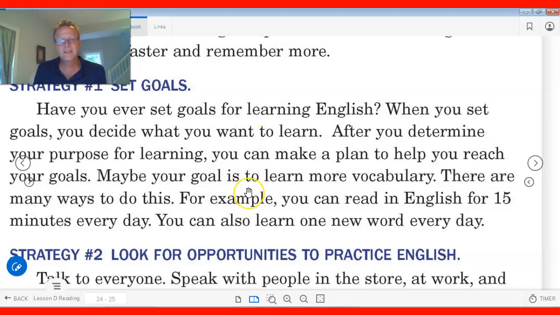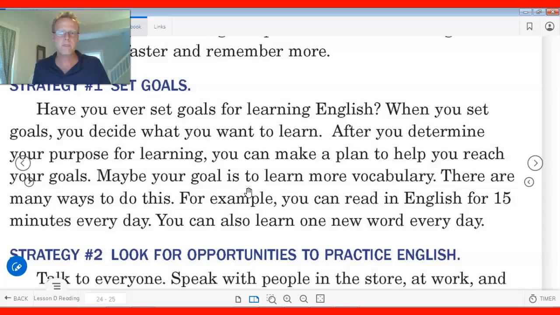So let's take a look at another story and see if we can answer some questions. Let's look at the evidence, the reasons, and then answer questions about the text based on those reasons, examples, and evidence in the text.